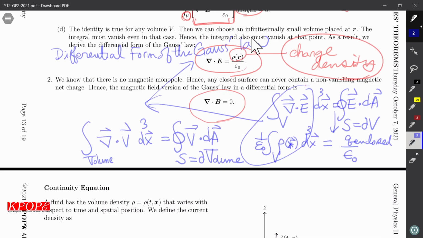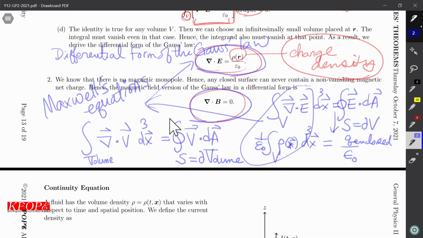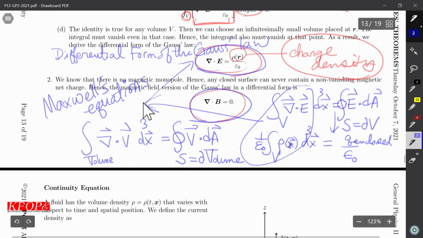And we call this one Maxwell's equation. There are 4 Maxwell's equations, and 2 of them are divergence equations that can be derived from the divergence theorem.